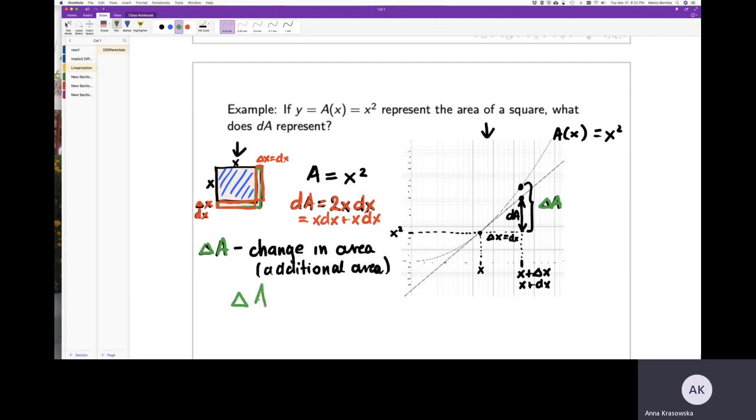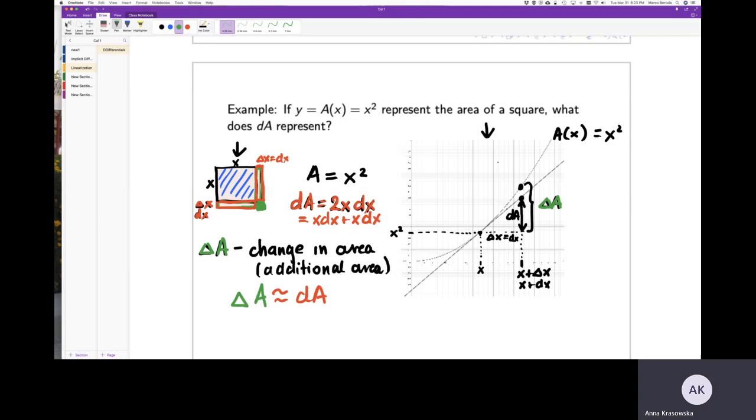You see that delta A is very close to dA. Okay? dA, that 2x dx, approximates delta A. The difference is that small green square in the corner.